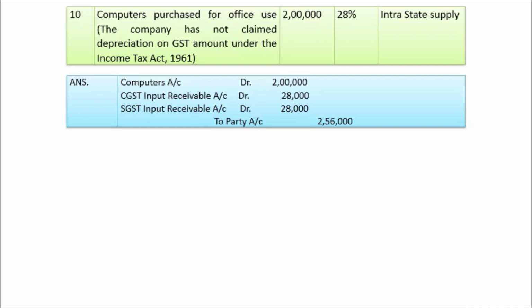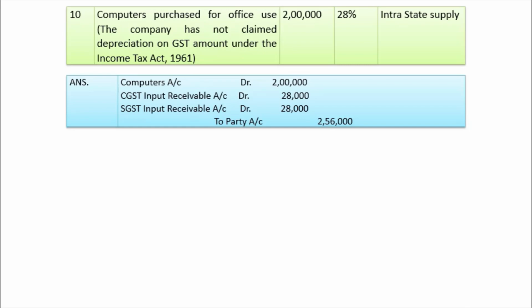This is the situation where the company is not claiming depreciation on 56,000, that is GST amount. So whenever the company is not claiming depreciation on GST amount, remember, credit of the GST amount is available. If credit is available, then we will record it separately.